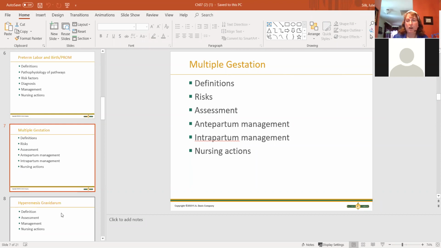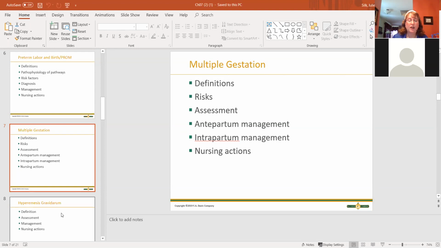Monozygotic means that one zygote divides in the first week of gestation, and that's how you get the two babies. These babies would be identical genetically and similar in appearance, and they always have the same gender. So that's monozygotic.